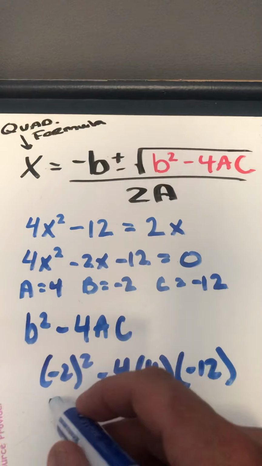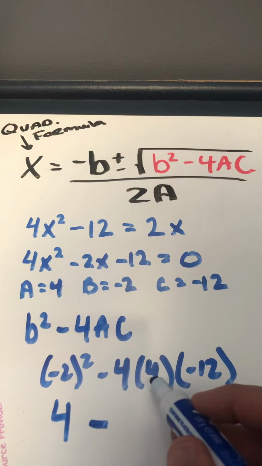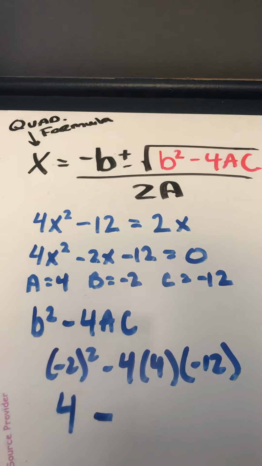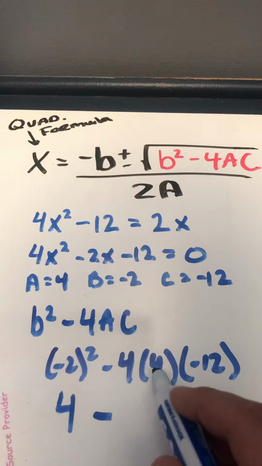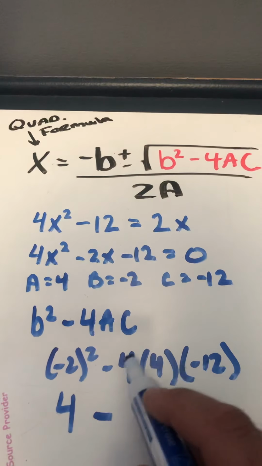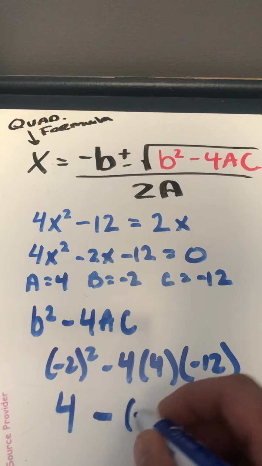Negative 2 squared is 4 minus 4 times negative 12. Well, order doesn't matter when you multiply, and I'm going to find this a little bit easier to multiply 4 and negative 12 first. That's going to get me negative 48. And negative 48 times 4 is going to get me negative 192.